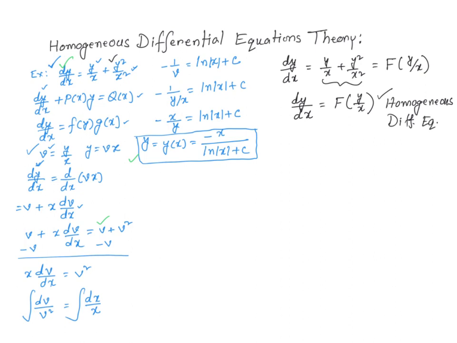Now, this is one version of the definition of the homogeneous differential equation. There is another way you can define it too, and that definition has this format. Let's say m of x comma y dx plus n of x comma y dy is equal to 0.